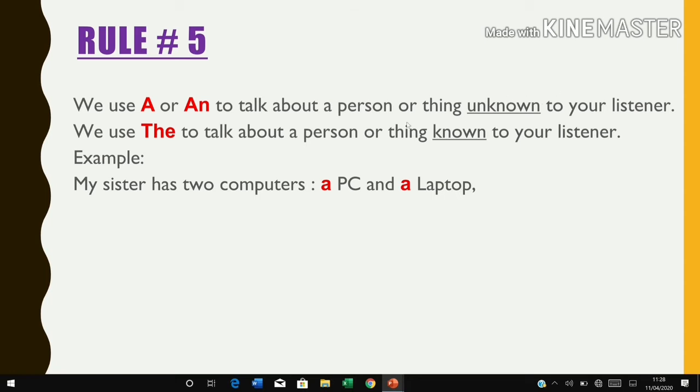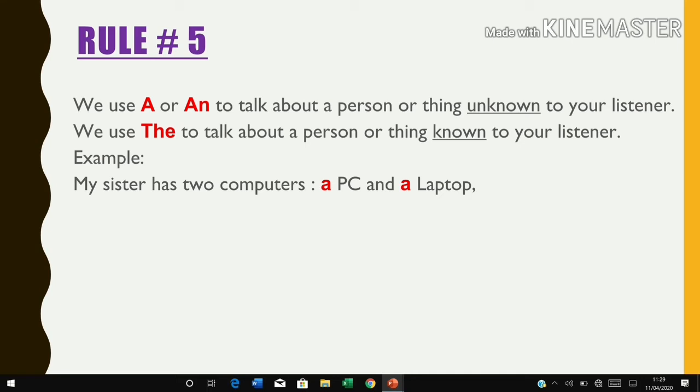And we can use the, the third element of our articles, to talk about a person or thing known to your listener. Okay, here is an example. Let me explain for you. My sister has 2 computers, a laptop and a PC.